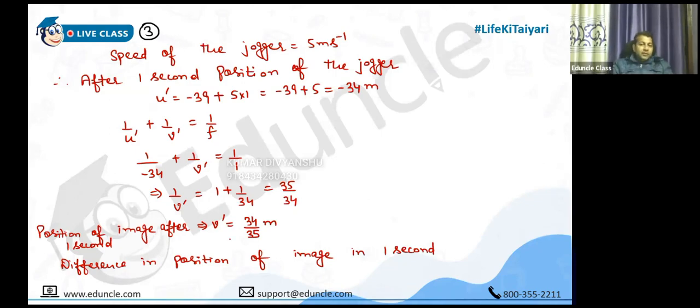So there will be a difference in position of image in 1 second. And with the help of that, we are able to get the idea about the speed. Okay.